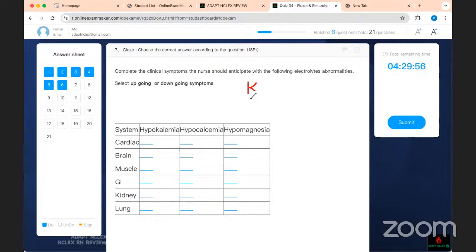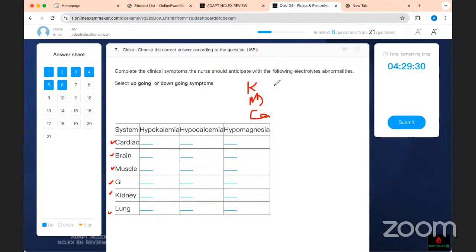Potassium, magnesium, and calcium, how do you remember signs and symptoms? Go by the system. Take the major systems in your body: cardiac, brain, muscle, GI, kidney, and lung. These are the 6 major systems you should know.